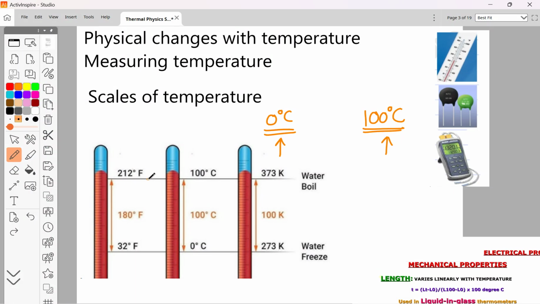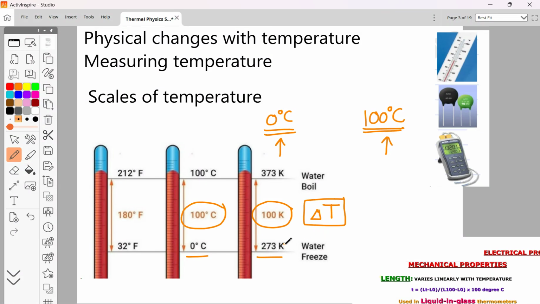But here, the change in Fahrenheit would not be the same as a change in degrees Celsius and a change in Kelvin, which you must remember is very important. So when the question is talking about a delta T, which it often does in this chapter, you can see that a change of 100 Kelvin is also going to be a change of 100 degrees Celsius, although the freezing point is at 0 degrees Celsius and 273.15 Kelvin, like you have it on your information sheet.